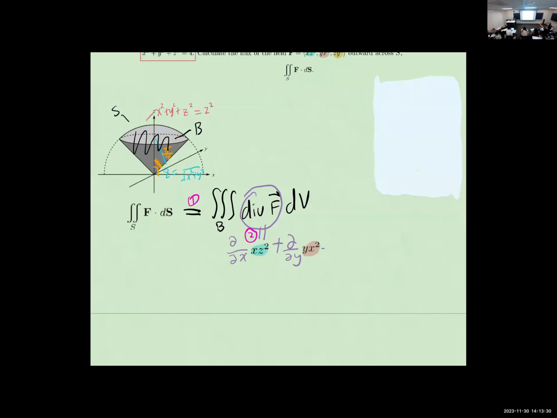Finally, del z, the third component, zy squared. That's it. That's the divergence of f. Of course, we should compute this sum of the 3 partial derivatives. Very easy to compute, right? That is just z squared plus x squared plus y squared, right? That's it.